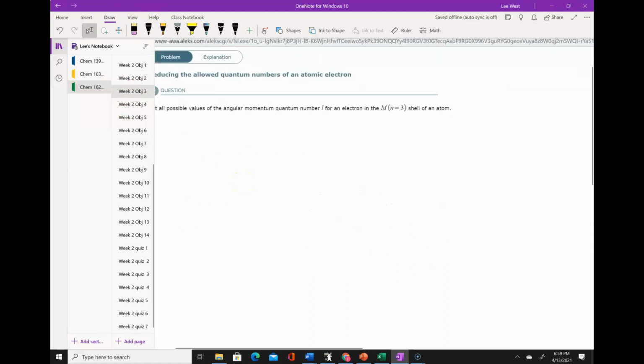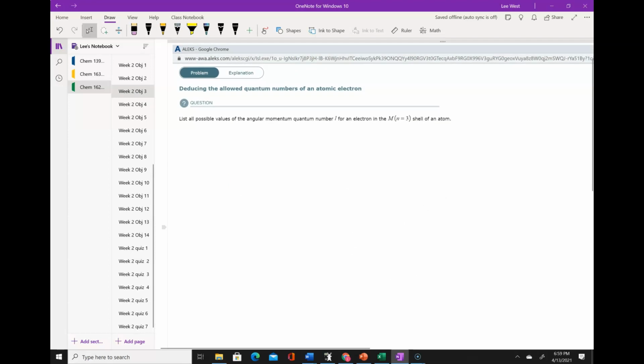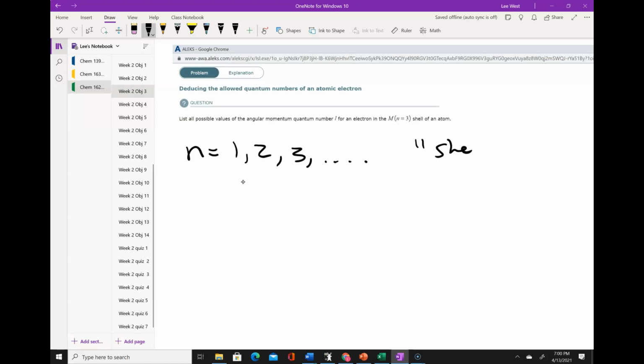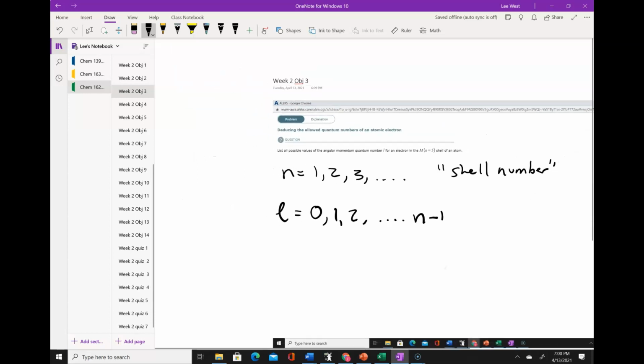Okay. Now, deducing the allowed quantum numbers of an atomic electron. Okay, so n is called the principal quantum number, and it can take values of a positive integer. Another way of saying what n is: it's the shell number. Now, l can have different values ranging from 0, 1, 2, all the way up to a maximum of n minus 1.